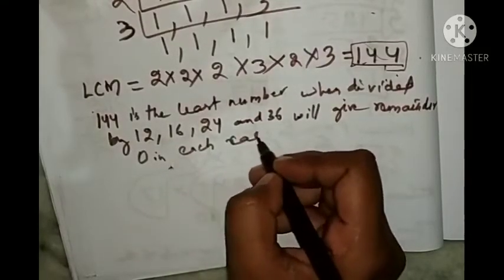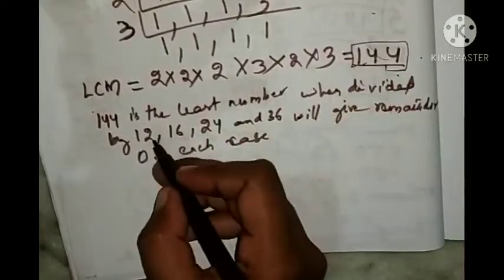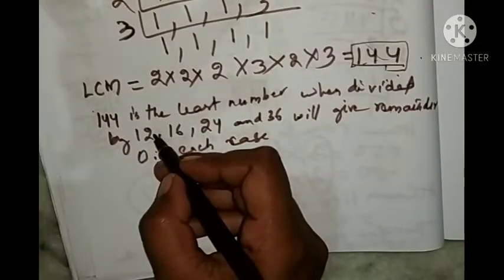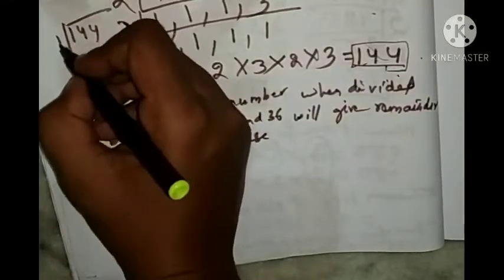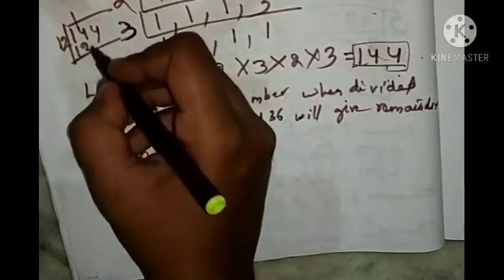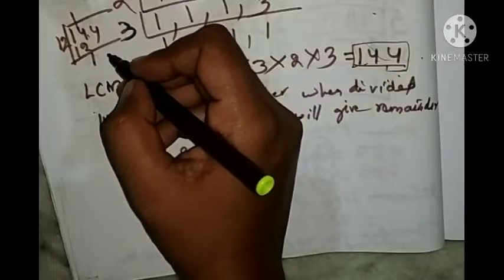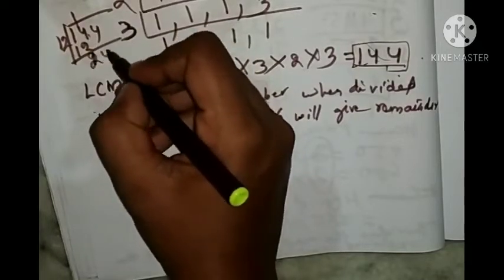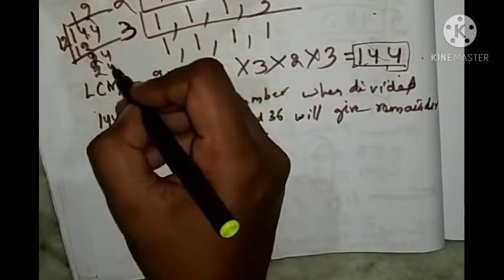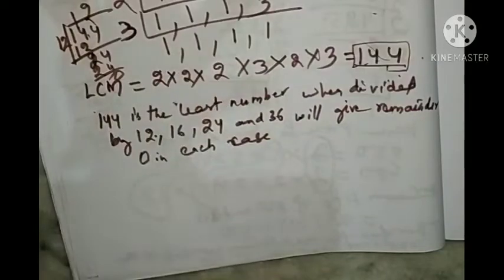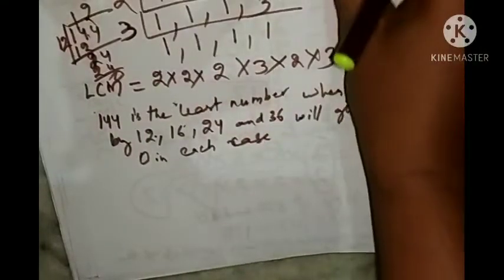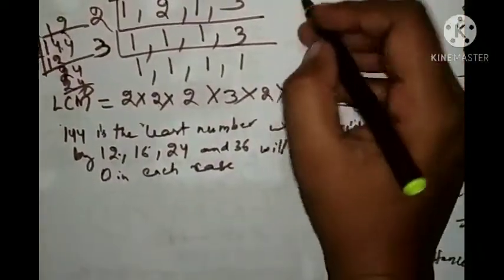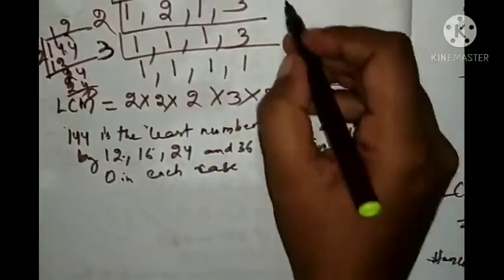If you are dividing 144 by 12, how much did you get? Remainder 0. 12 ones are 12, 12 twos are 24. What are you getting? 0, you are getting or not? Next we will see 16. We check one by one. I am checking for your confirmation.